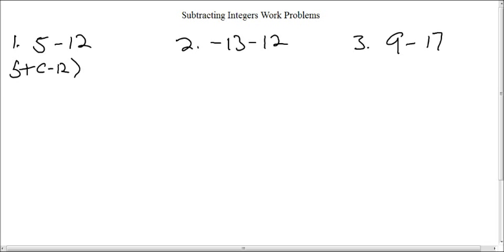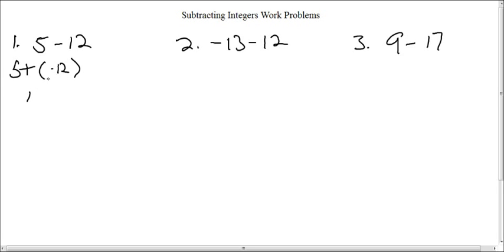Well, now we're adding. I want to make that look more like parentheses. So we have 5 plus a negative 12. Now we've gone from subtraction to adding, so the rules of addition say if the signs are different, a negative 12 and a positive 5, you take the absolute value of the smaller number, which is 5, and subtract from the absolute value of the larger number, which is 12.